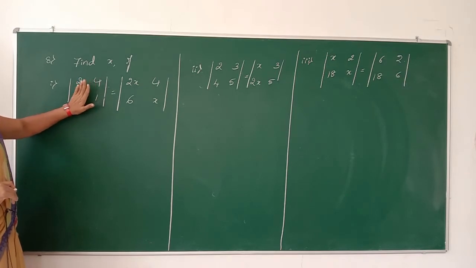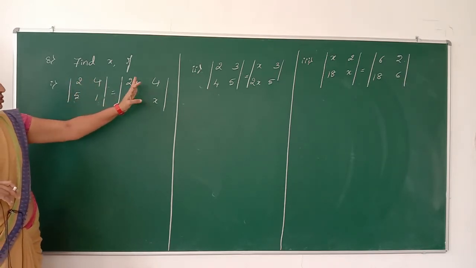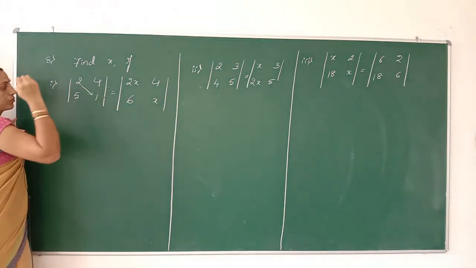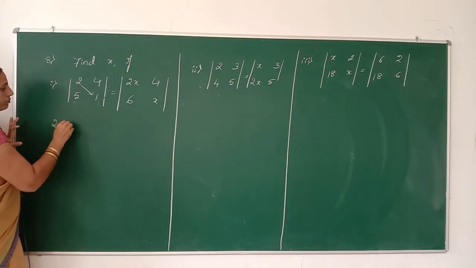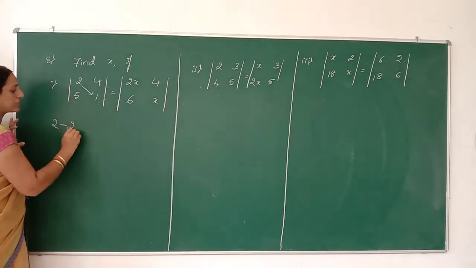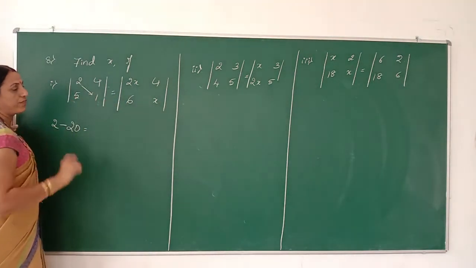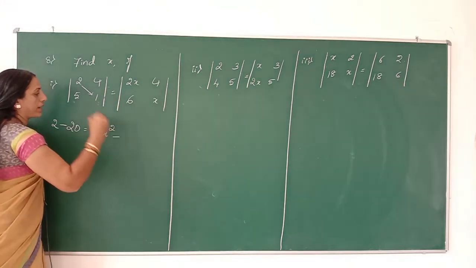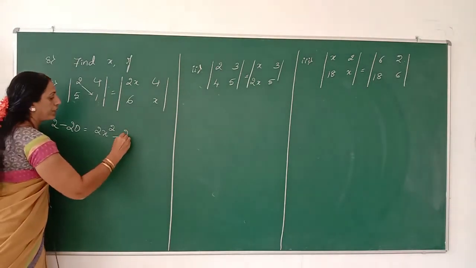The elements of the first determinant are 2, 4, 5, 1, and the second determinant is 2x, 4, 6, x. First we will simplify both determinants. Product of the left diagonal is 2, minus the right diagonal is 20. Similarly on the RHS, the product of the left diagonal 2x into x is 2x square, minus the right diagonal 6 into 4, 24.